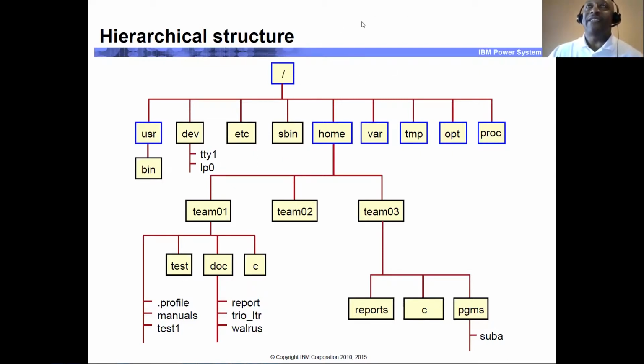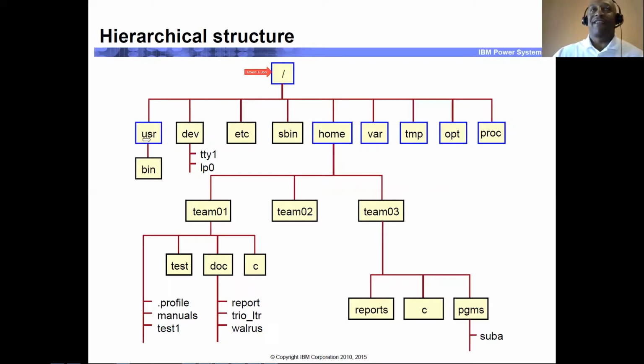So on the slide, the blocks or squares framed in blue represent, in addition to directories, file system names. For example, / represents the root file system. /usr is a directory, but it also is a file system.